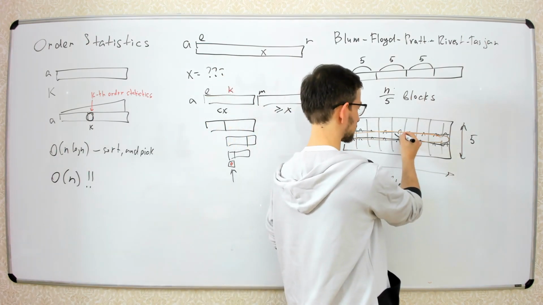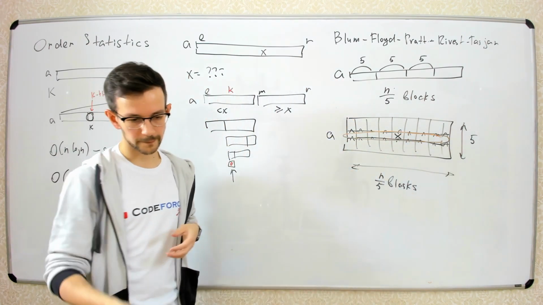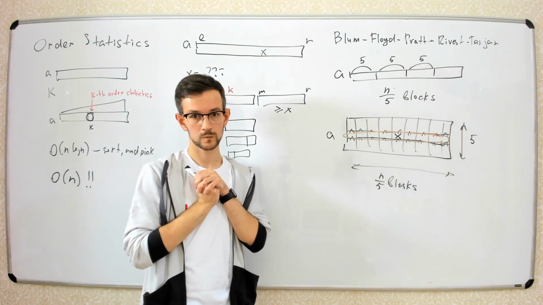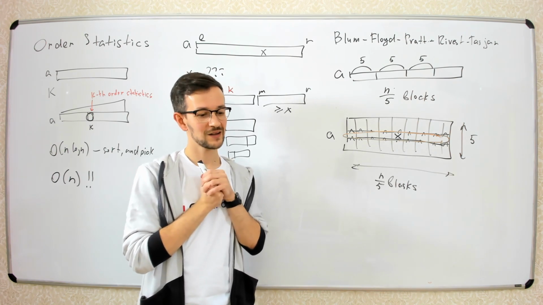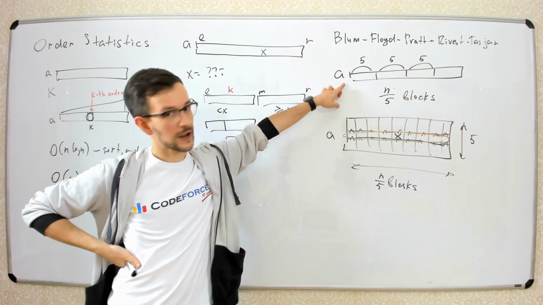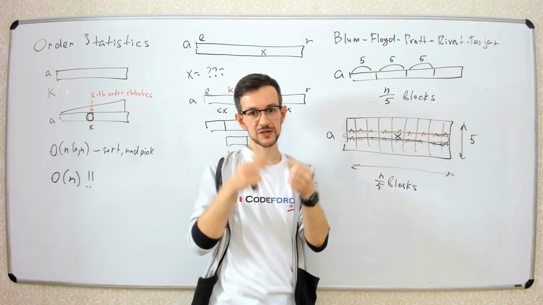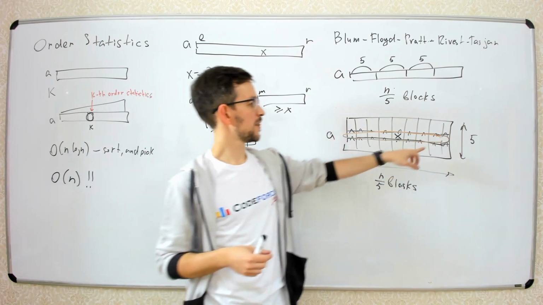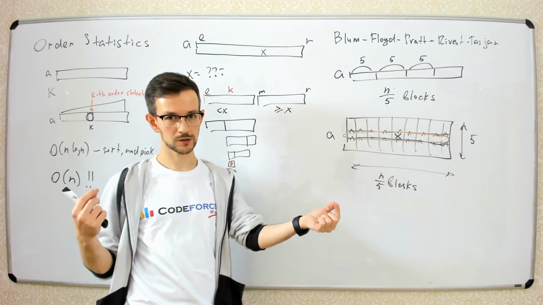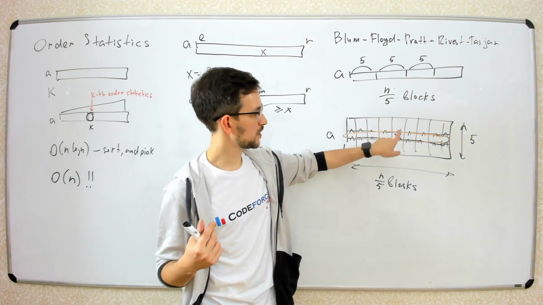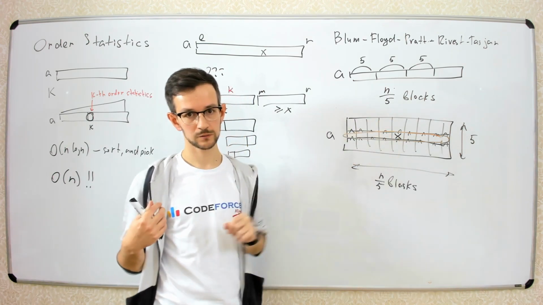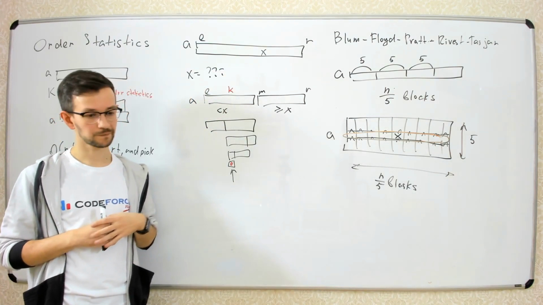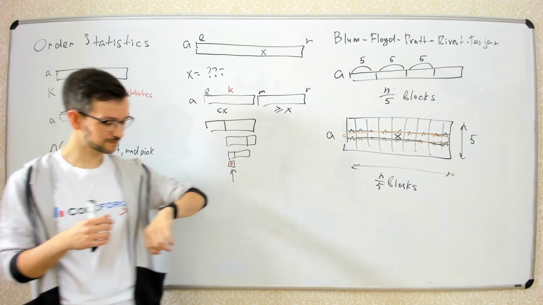And this element will be x. That's the whole algorithm. Again, what do we do? We take the array A, split it into blocks of size 5, then find the median in each block, and then find the median of these medians, and say that this median of medians is x. And now we do everything the same. That's all. That's the whole algorithm.